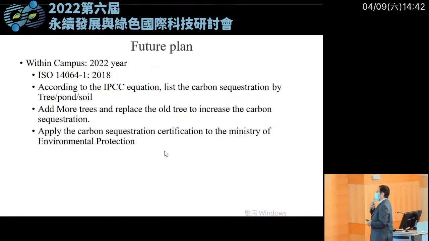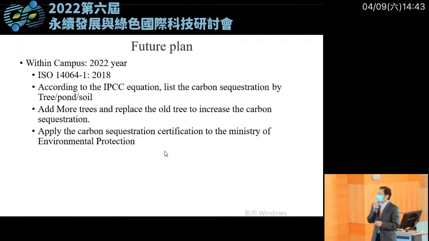This is what we do currently, but how about the future? This year we have some plans. The first is that this year we will get the certification of ISO 14064-1.